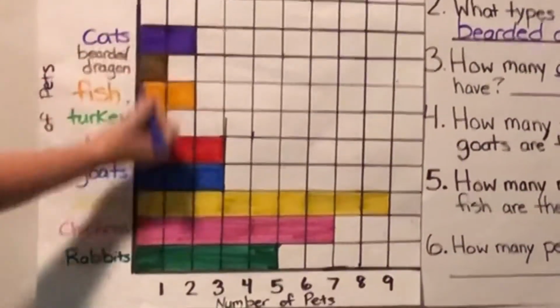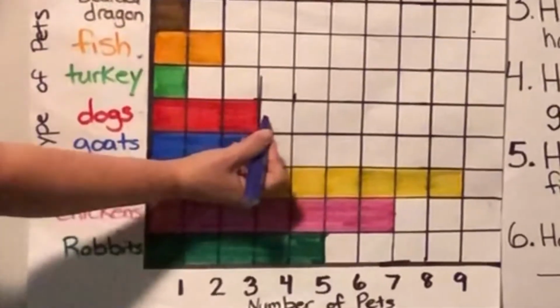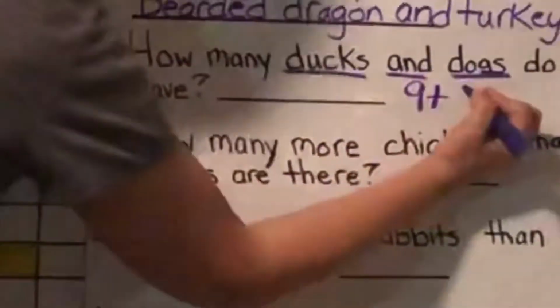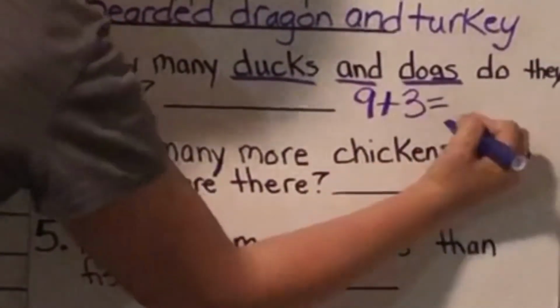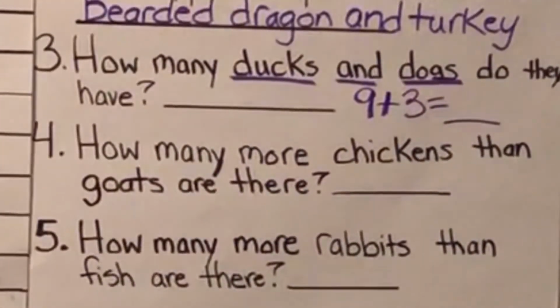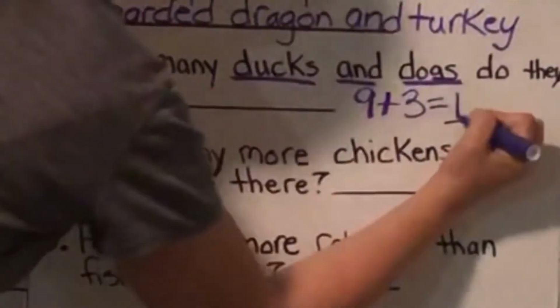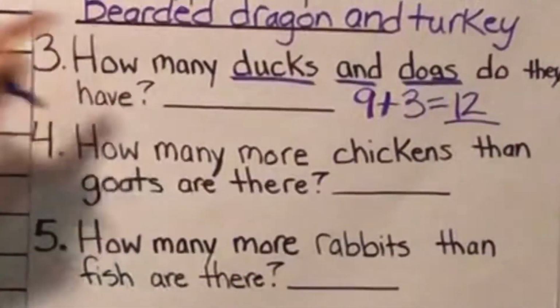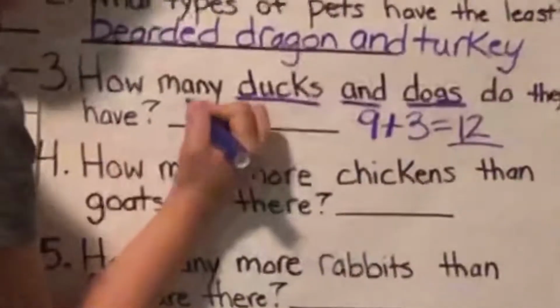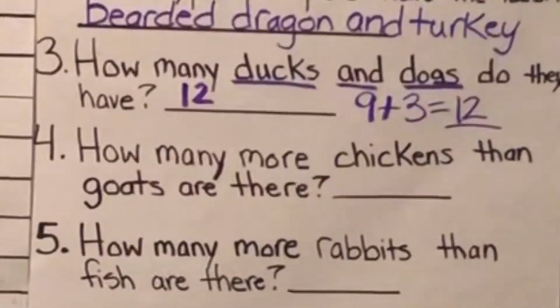And I'm going to add the dogs. Dogs is 3. 9 plus 3. 9, 10, 11, 12. So my answer is, how many ducks and dogs do they have? 12. Now we're going to move on to question 4.